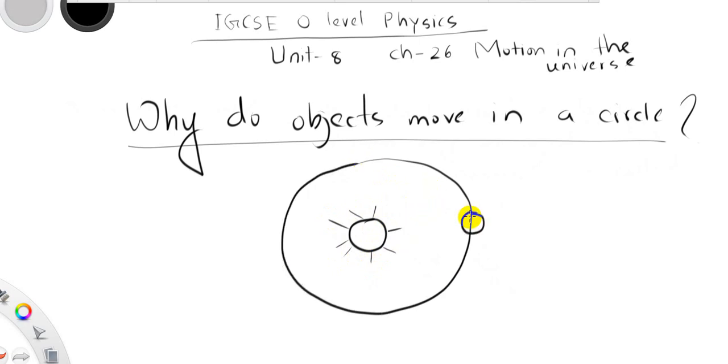Say this one is a planet, and it is a star. So a planet revolves around the sun or a star in a circular orbit. There are two forces required. One is centripetal force. So the direction of the centripetal force is towards the center of the star or sun.